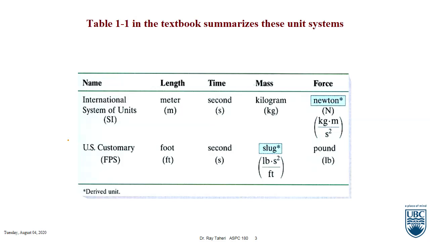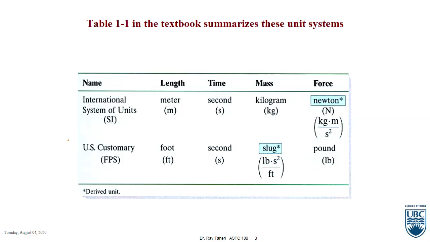Time in both systems is the second. Mass in the SI system is the kilogram, and force is the Newton. A Newton is kilogram meter per second squared, and obviously this is derived from Newton's second law.